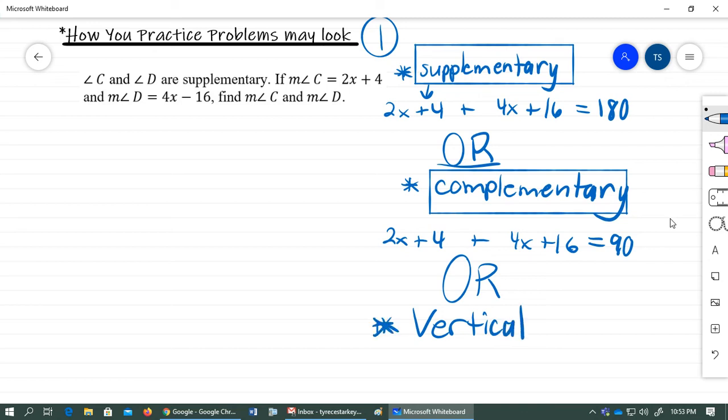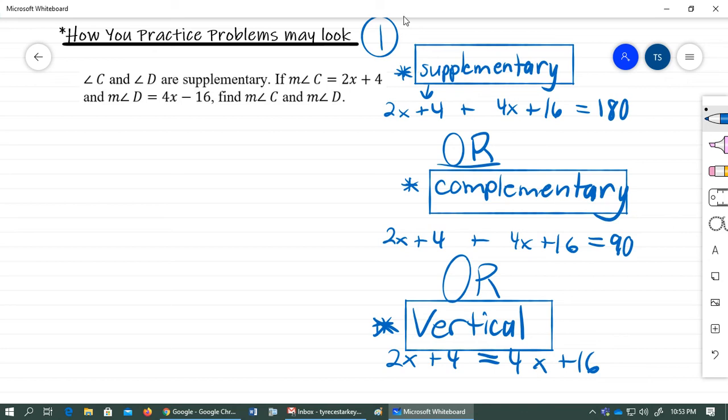If it says vertical, then remember, guys, the vertical angles are always equal to each other. So you take the two measurements and you set them equal to each other. Equals 4x plus 16. And guys, so you'll solve those equations.